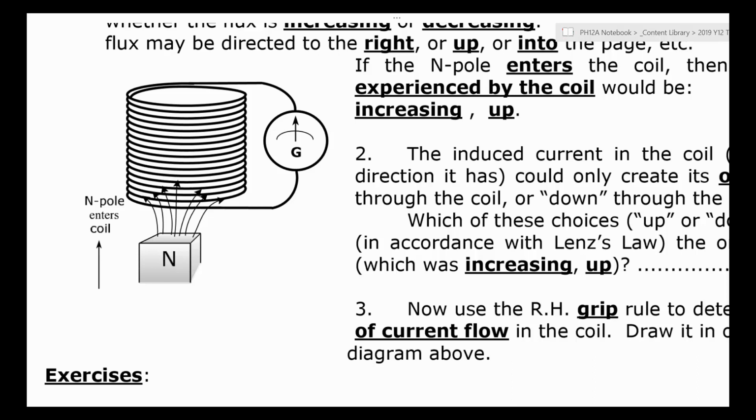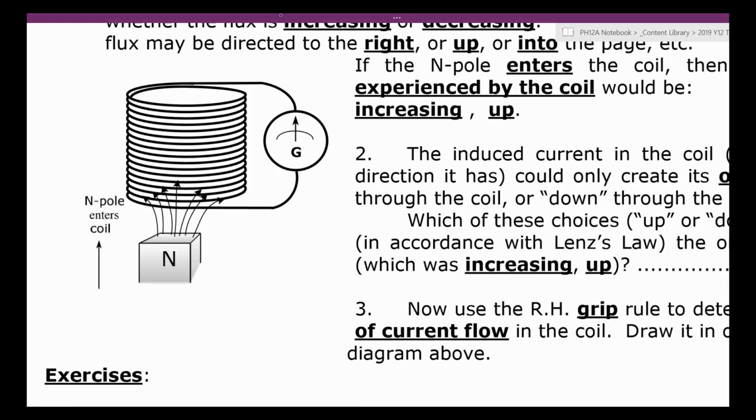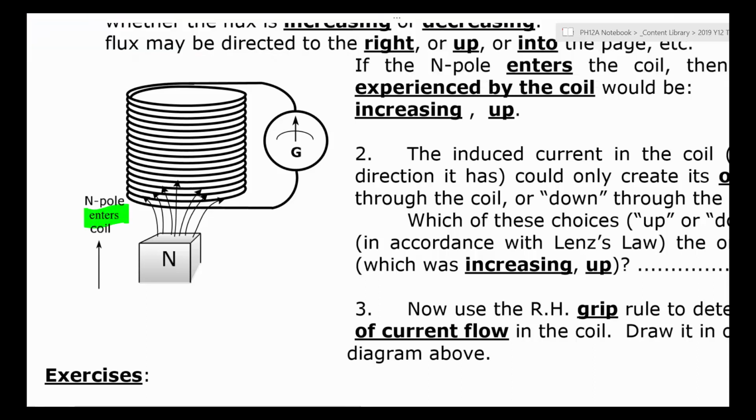So if I've got a magnet that is coming into the coil, and it says it enters, that's where the clue comes from, it's entering. That means that the magnetic flux must be getting stronger. And we use the word increasing to describe that because it's getting stronger.